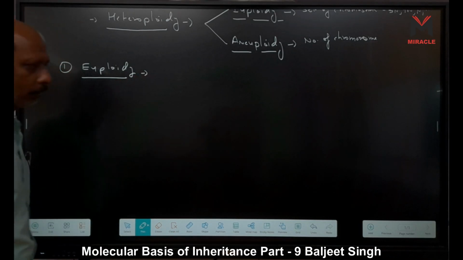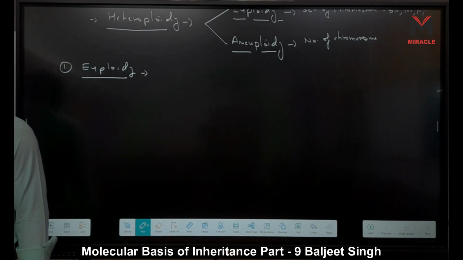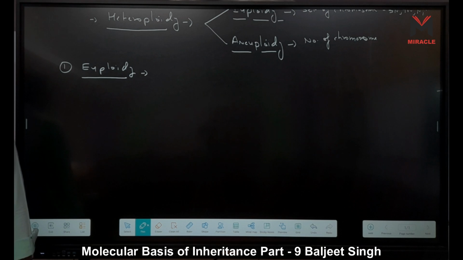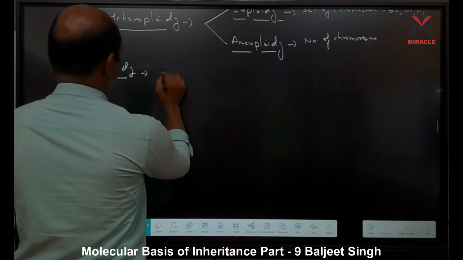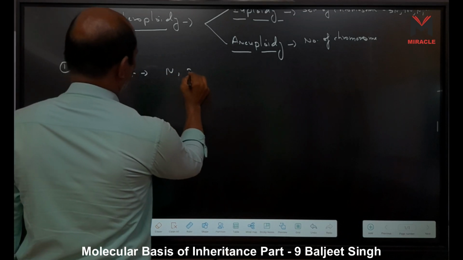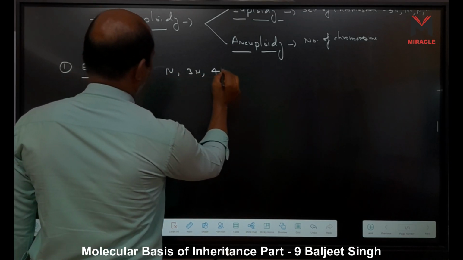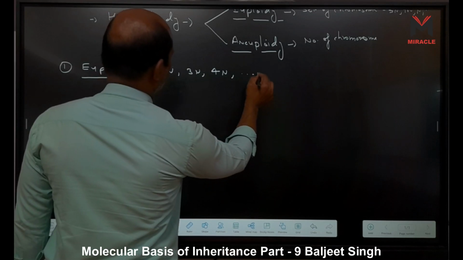First is euploidy. As I already told you, the set of chromosomes increases or decreases. Euploidy means what? Set means what? 2N, N, 3N, 4N and so on.